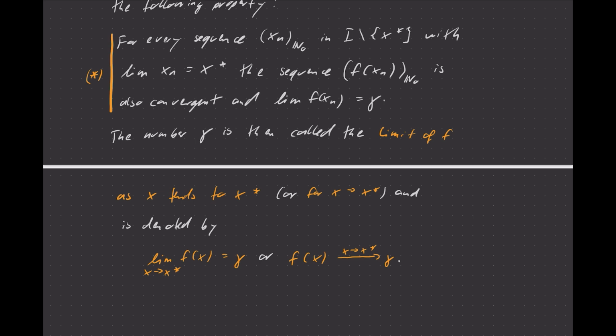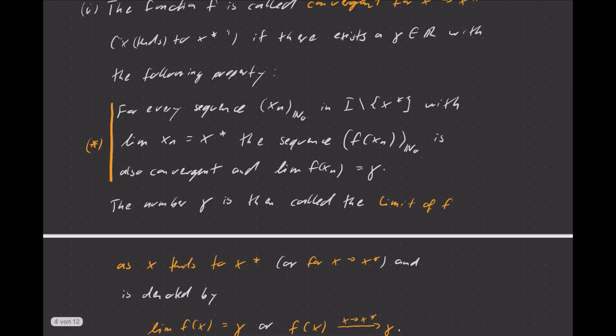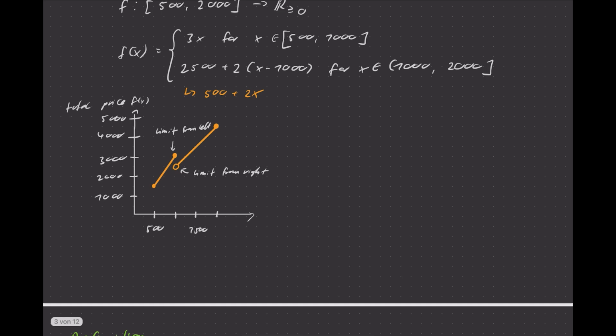So this is the first part of the definition. That is not sufficient for the situation we have at hand in our example, because there are sequences. If you go back here, there might be sequences if we're coming here from above, sequences like this one that tend here, where that limit would be this value. If we have sequences down here that tend to 1,000, then we get this value as the limit.